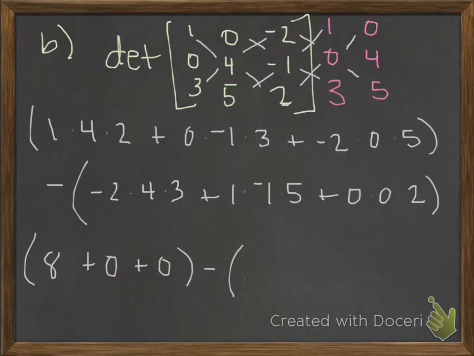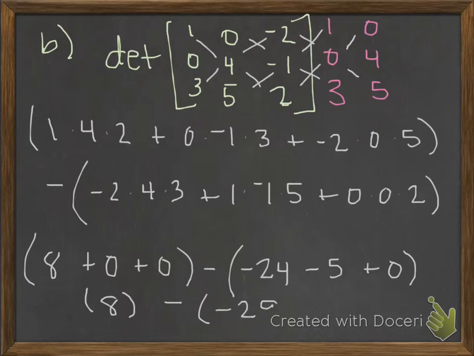Minus negative 2 times 4 is negative 8 times 3 is negative 24. 1 times negative 1 times 5 is negative 5. 0 times 0 times 2 is 0. So I have 8 minus a negative 29. Double negatives make a positive, so our final answer is 37.